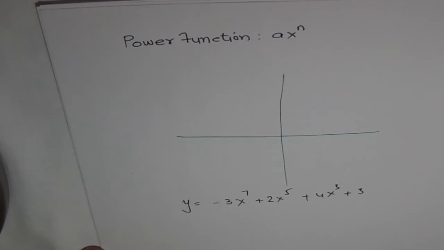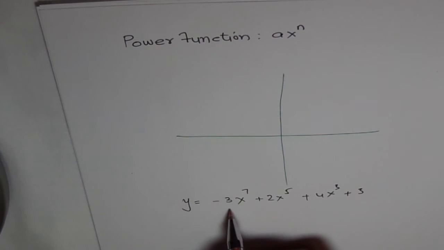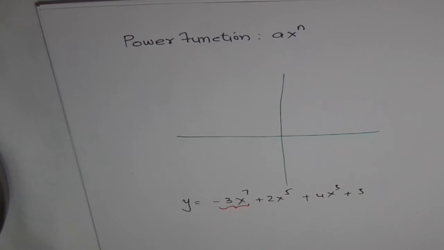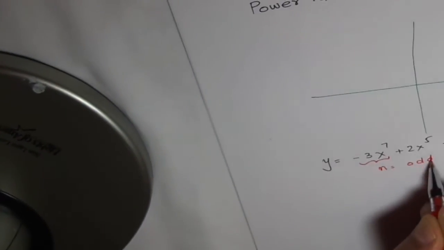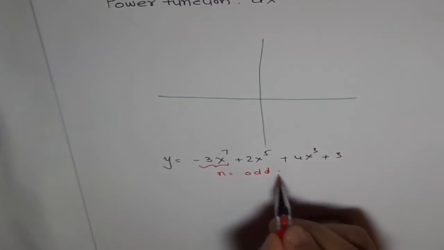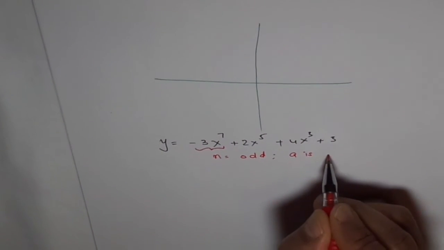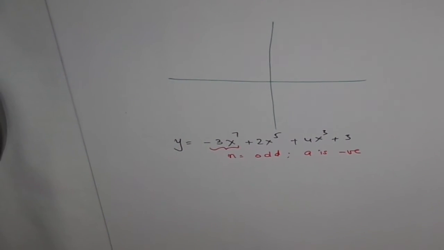Now, what is the leading term here? Leading term is this. Correct? Is the degree even or odd? The degree is odd. So n is odd. And how about a? A is negative. So what is the end behavior?